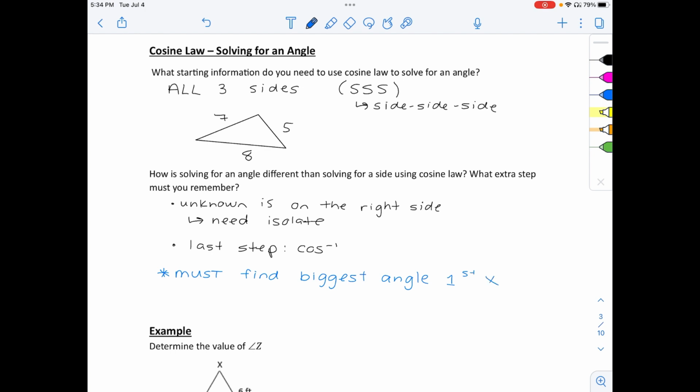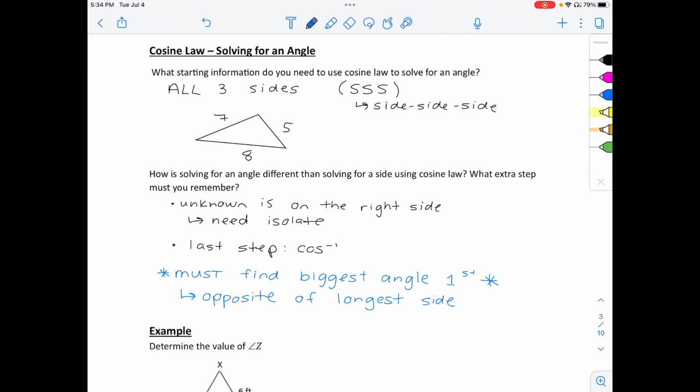However, the diagrams are not always to scale. So you can tell which one the biggest angle is because it's opposite of the longest side. That will always be true in any triangle. Because we know all three side lengths, we can tell which one is the longest, and the largest angle will be opposite of that.